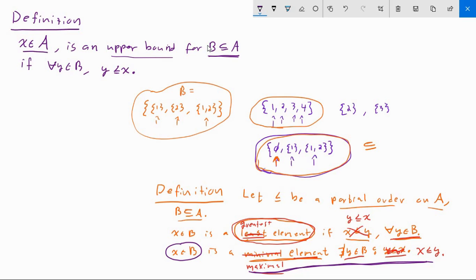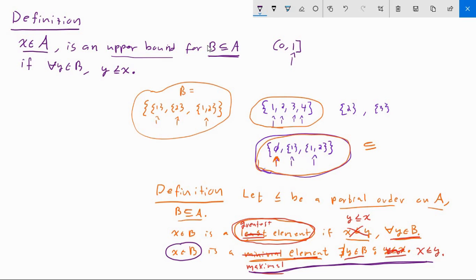Again, it's probably most useful to draw on the example of a set of real numbers. So if we took the half-open interval 0 to 1, we would see that 1 is an upper bound. Well, in fact, it's a maximal element of this set. But let's say we took the open interval 0 to 1 in the real numbers now.